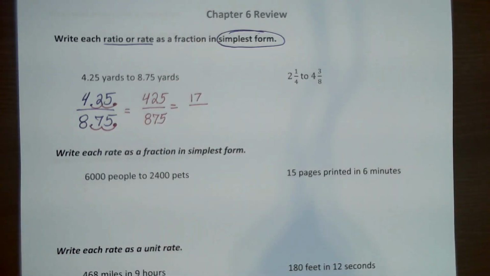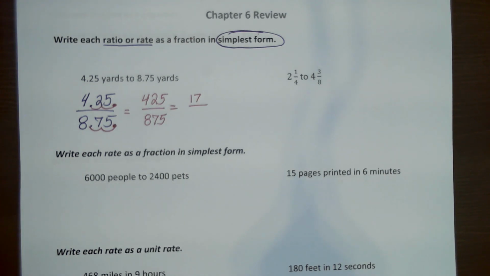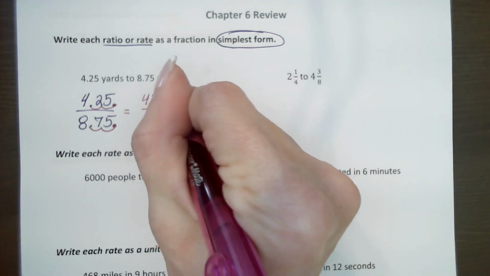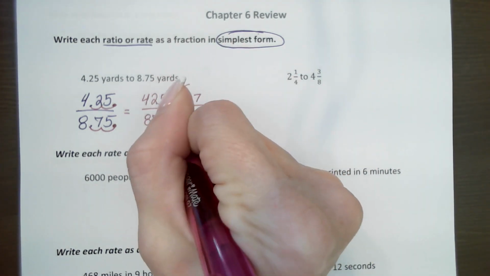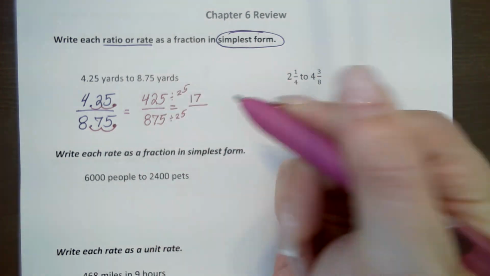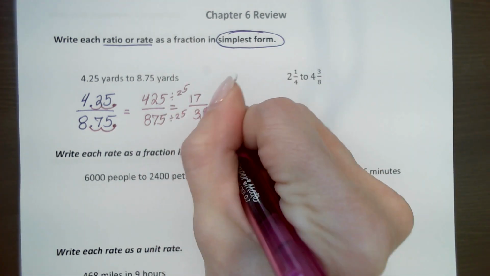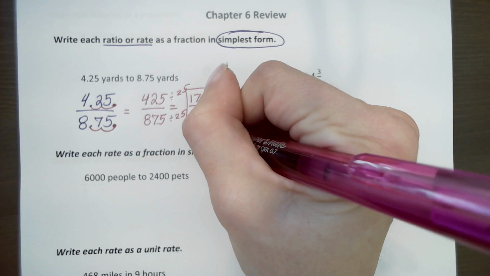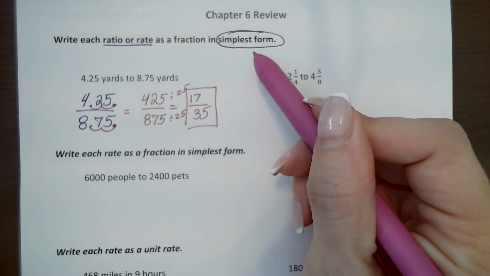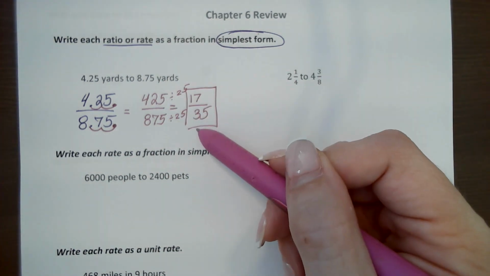So that seems to be the most I can simplify this. And then I'm going to divide 875 by 25. So we divided both of these by 25 and we get 17 over 35. So that would be my final simplified ratio.